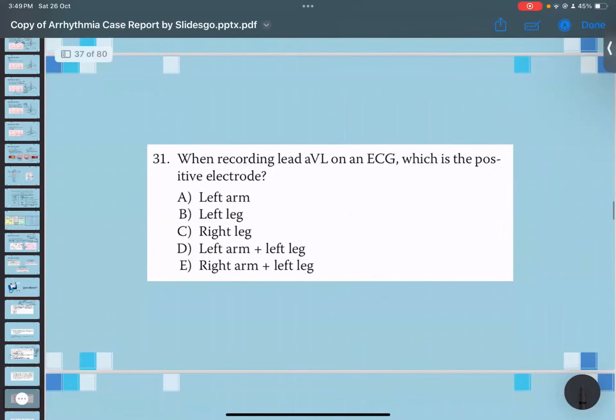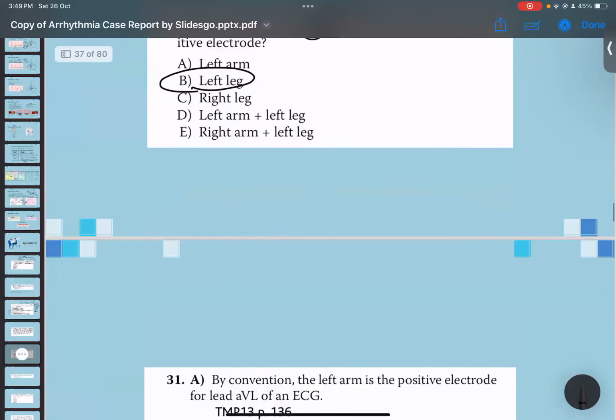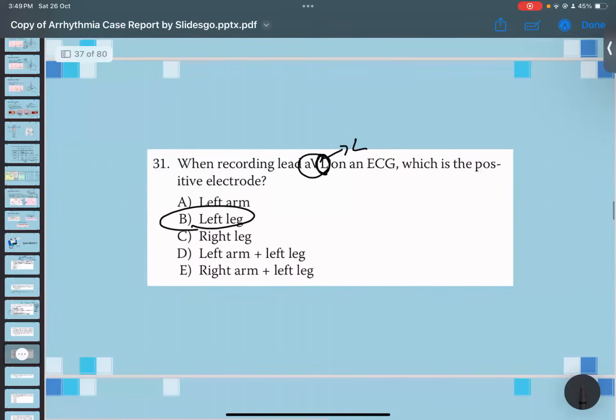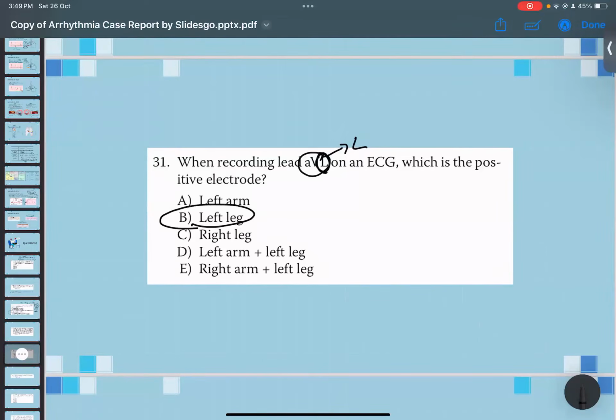Now, when recording AVL on an ECG, which is the positive electrode? Like I said, you want to memorize where exactly the positive electrodes for the leads are placed. Sorry, I got confused.